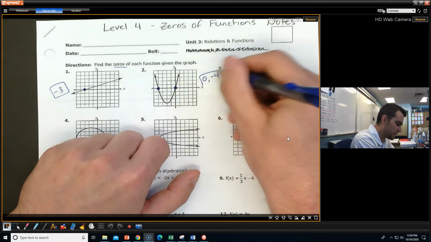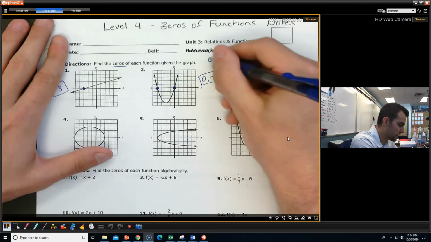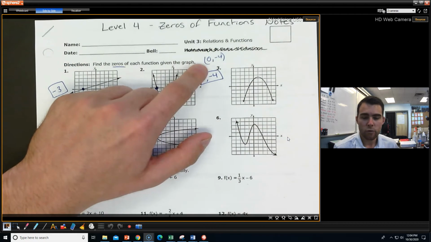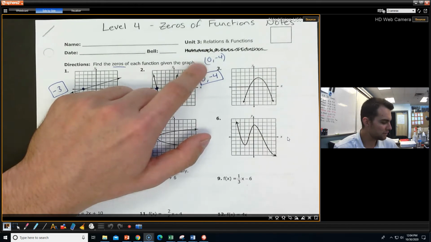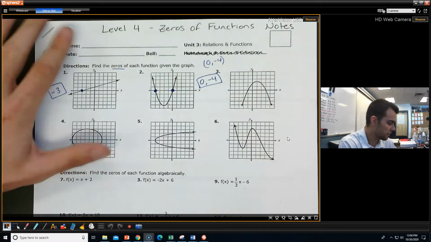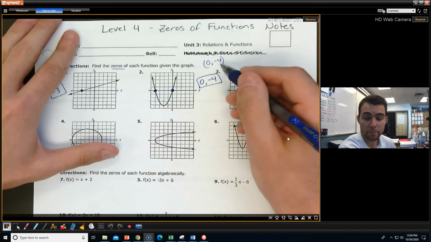Okay? Now, I'm not going to put those in parentheses. There is a reason why I don't do that. What does that look like? Well, that looks like an actual point on a graph, (0, -4), which would be down here. And that's not what we're talking about. That's a point.